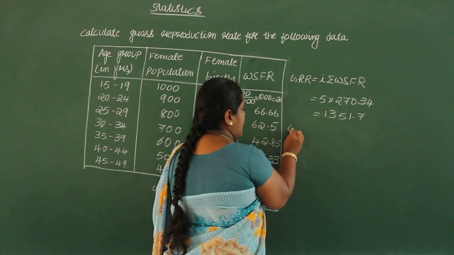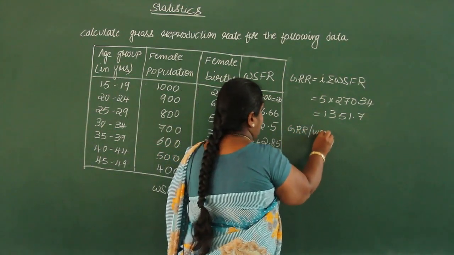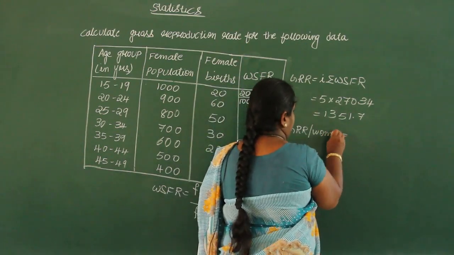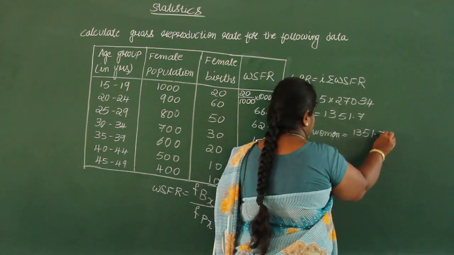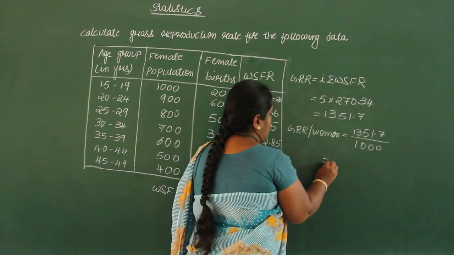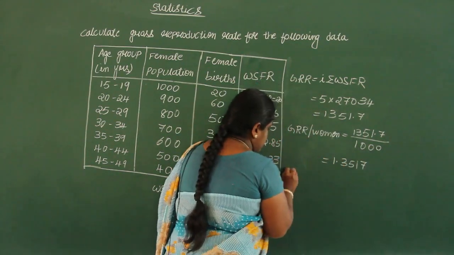So if we have to comment, then we have to calculate GRR per woman. So GRR per woman is 1351.7 divided by 1000, we will get 1.3517.